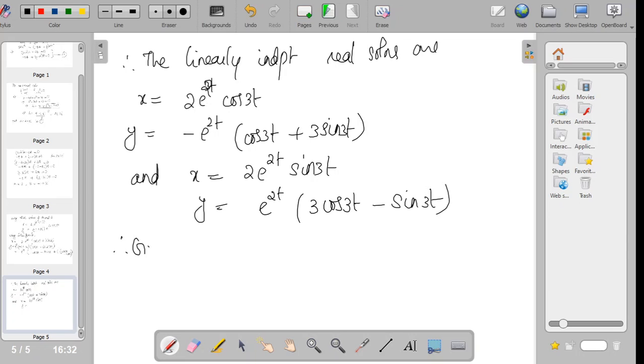So therefore the general solution will be the linear combination of these two.